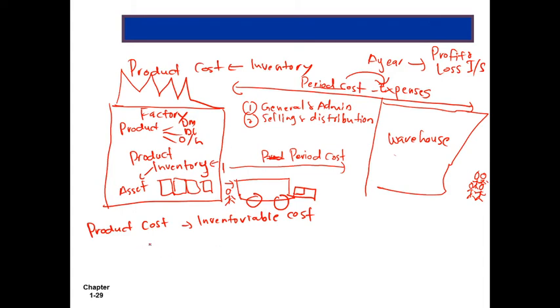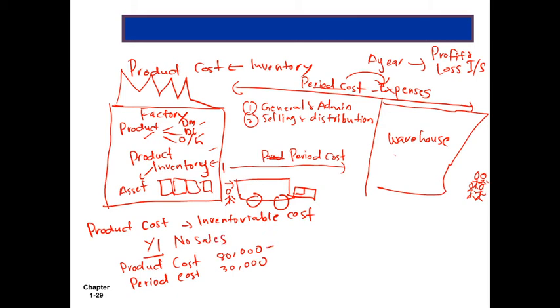so the cost will not flow out from the business. So let's say year one, we produce product cost and period cost. This is year one. We made a total of roughly 80,000 in product cost, direct material, direct labor and overhead, and period cost 30,000 for year one. But we don't sell, no sales.